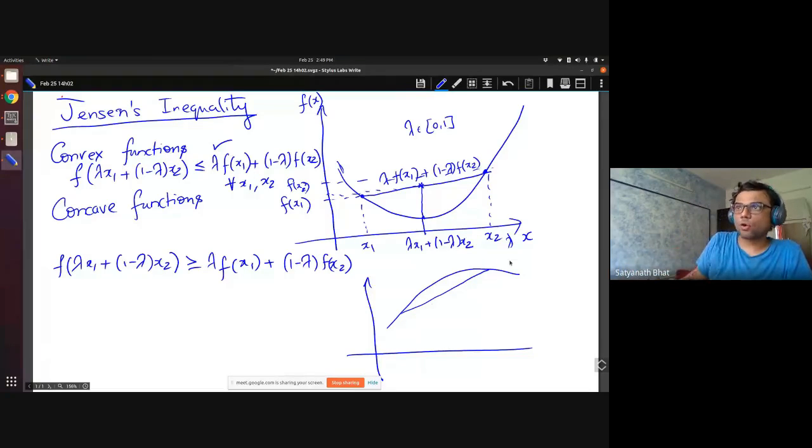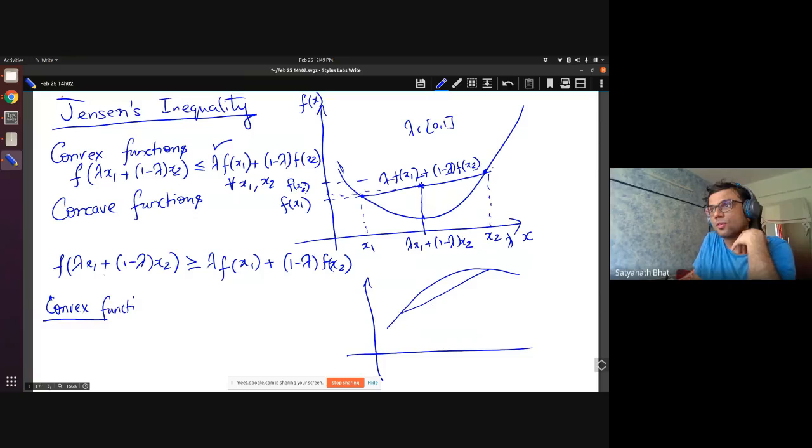Examples of convex functions: f of x equal to x square is an example.